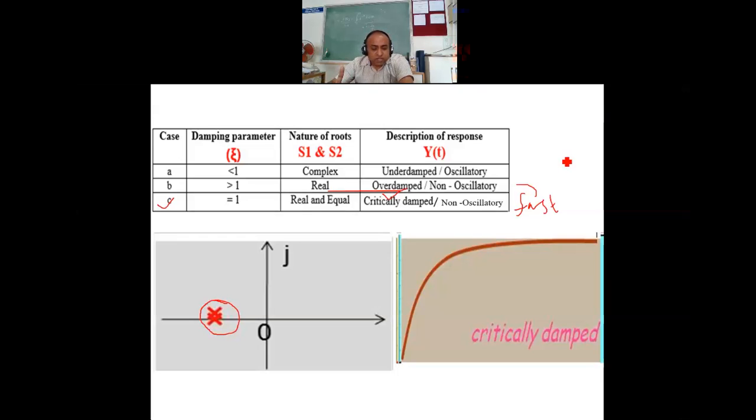Then we went to the third chapter, the second order system. We saw some new terms: xi less than 1, equal to 1, greater than 1. In first order you get only 1 type of response, whereas in second order you get 3 types of responses based on xi. So we are done with 3 chapters.